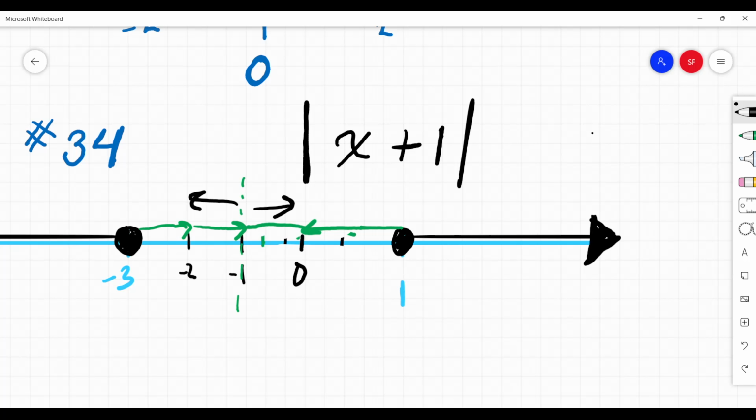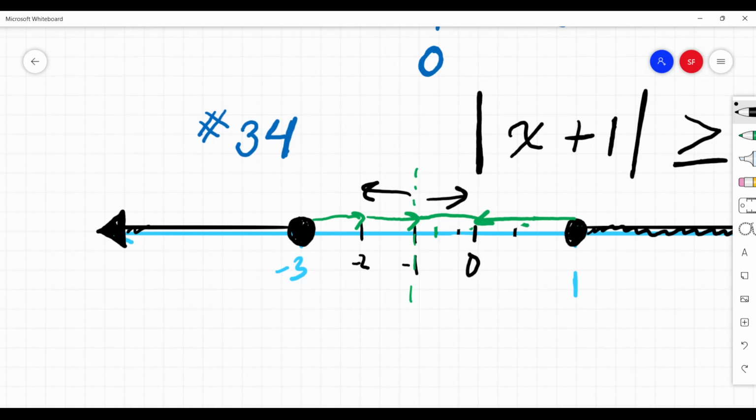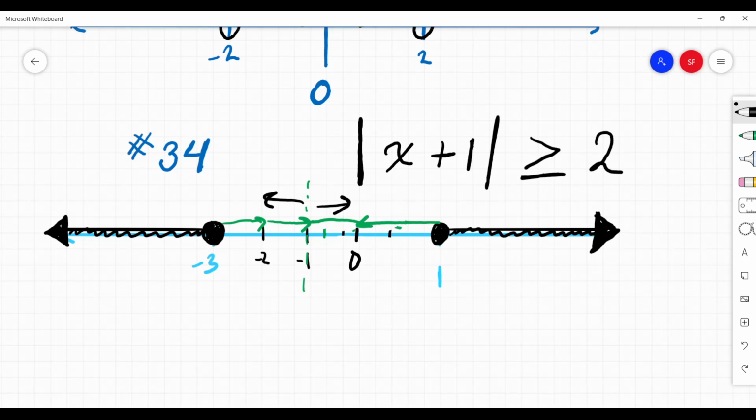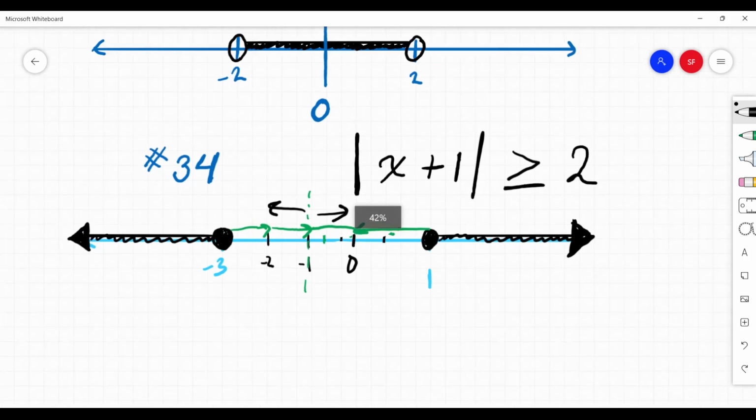So that's where the 2 comes from. And since it's shaded on the outside, it's greater than. Since it's a solid circle, it's equal to. Does that make sense? Yeah. Easy peasy? Yep. Okay.